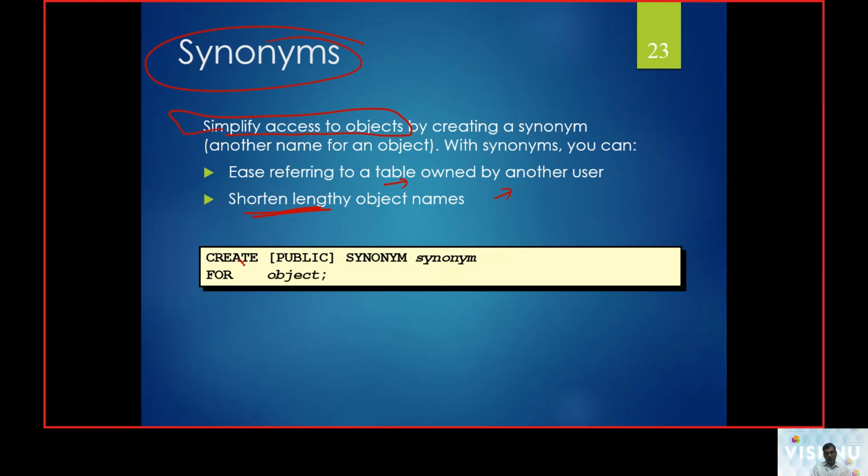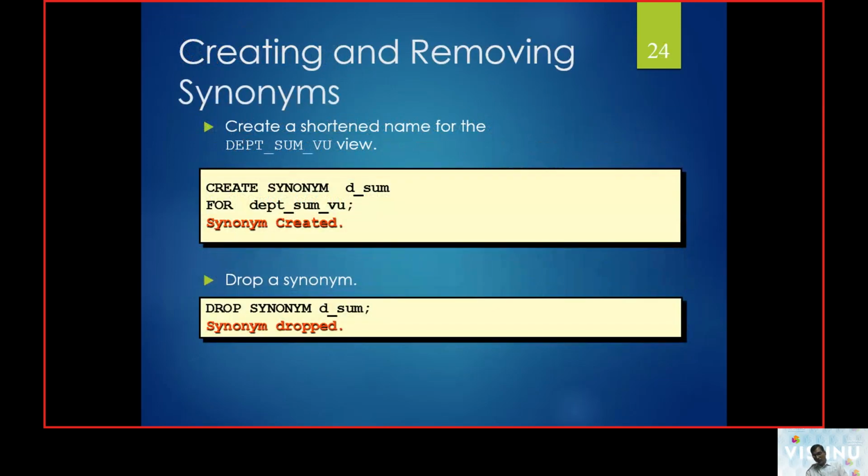So how are we going to create this with the user-defined word synonym, for whichever object we need? Here the key takeaway is that we are now working with a for, the first time in database objects. Now you can see how we can create a synonym and how we can drop a synonym. We make a create operation, and then we make a synonym, that is dsum, for department.